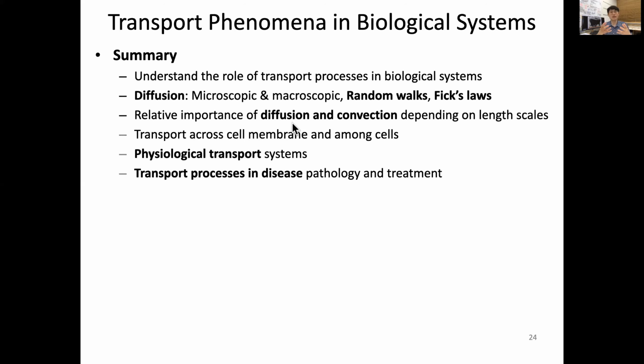So in developing multicellular, bigger-size organisms, we developed a convection system, represented by the cardiovascular and respiratory systems, using convection, a bulk motion of our fluid or gases, to deliver these molecules for exchange. And in the end, transport across the cell membrane and among cells is important, and that leads to our physiological transport. And it's also very important to understand disease physiology and treatment.